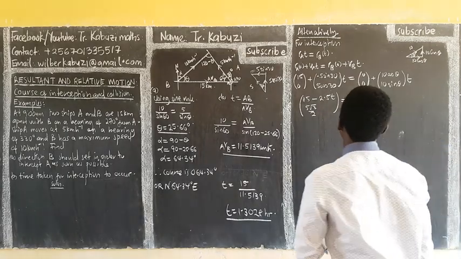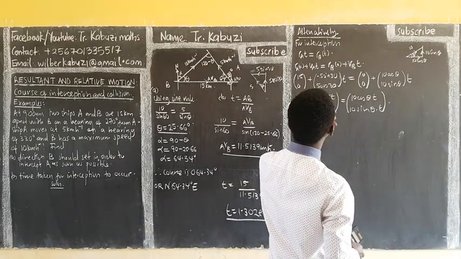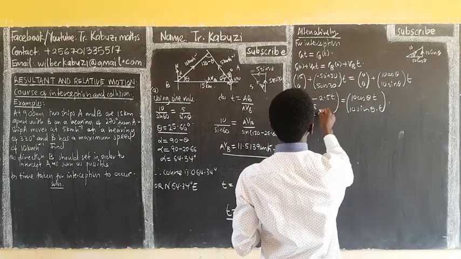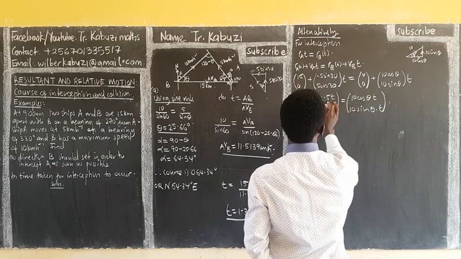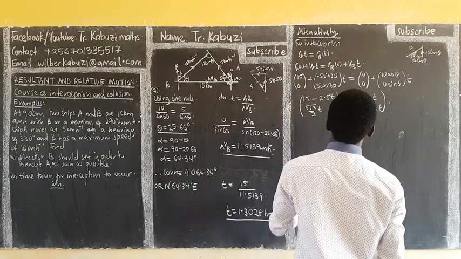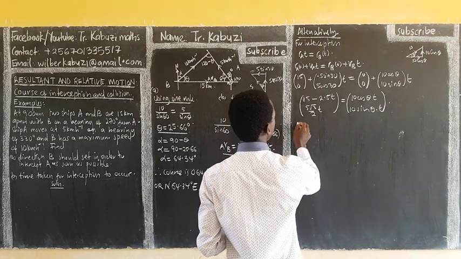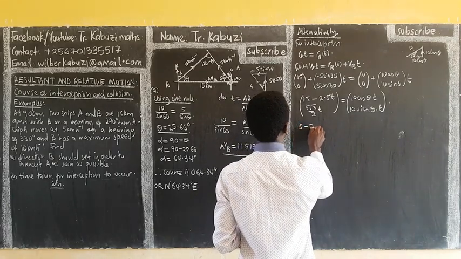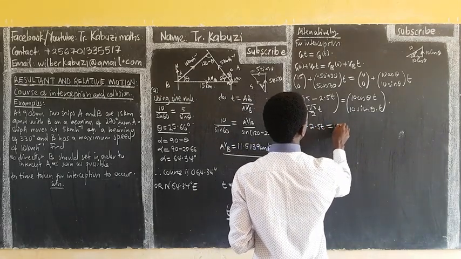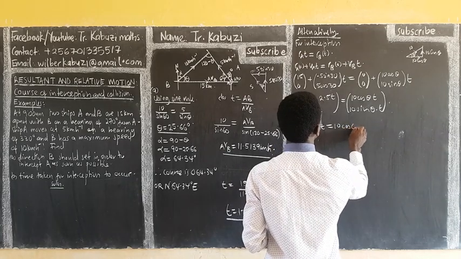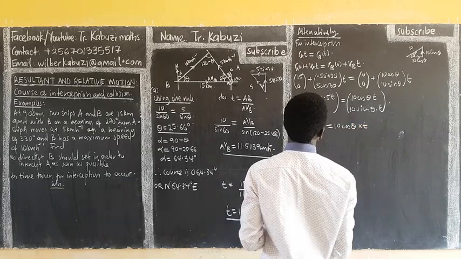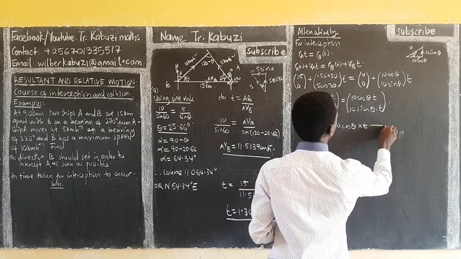So what does it mean? It means that this is equal to this. This is having t, this is equal to this, and this is equal to that. So it implies that 15 minus 2.5 t is equal to 10 cos theta times t. This is equation 1.